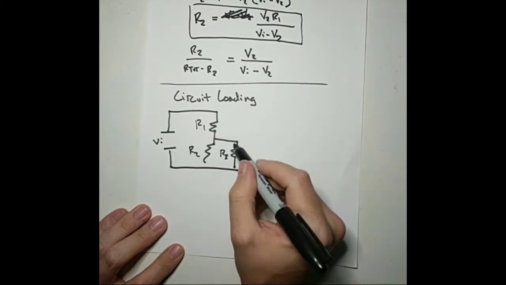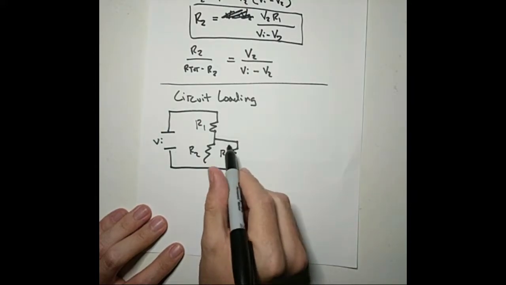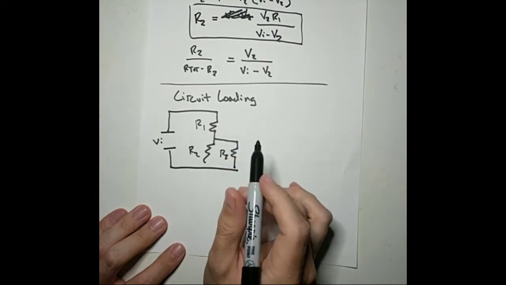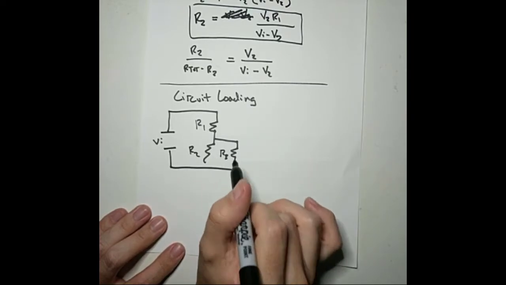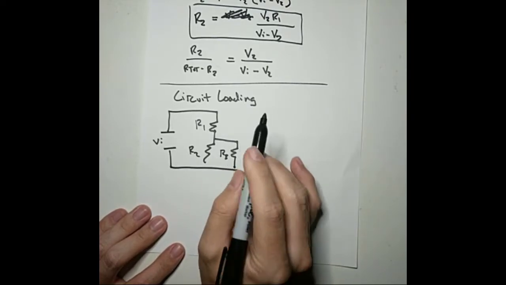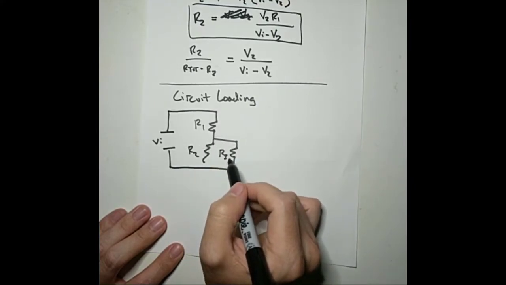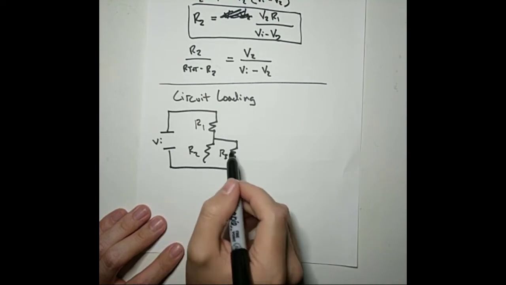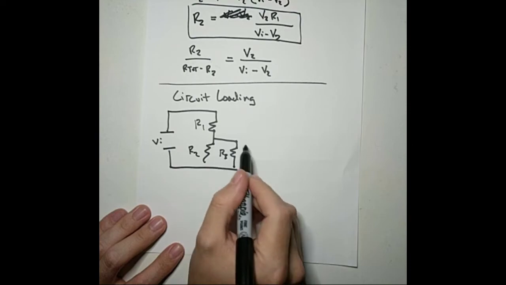So anytime you add a resistor in parallel, you lower the overall resistance. And that may seem counterintuitive, but the reason for that, again, if we think about it in terms of water flow, so if you ever add another pipe in parallel with a pipe, you would let more water flow through because you're giving more paths for the water to flow. It's the same way with a resistor.